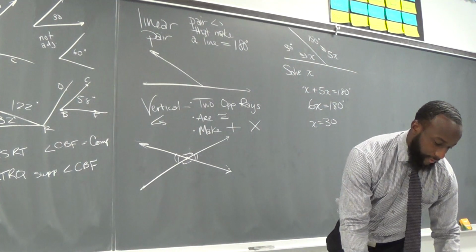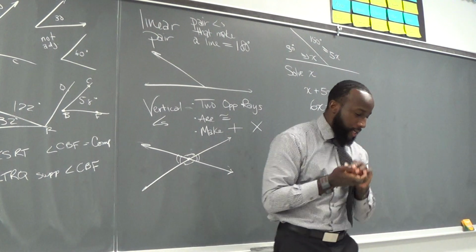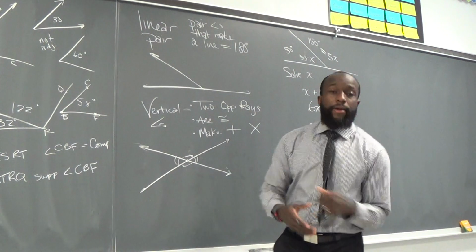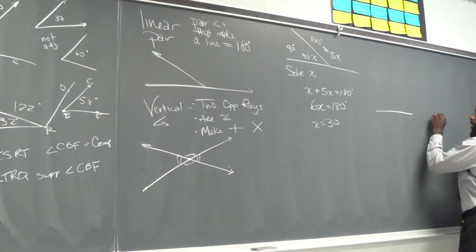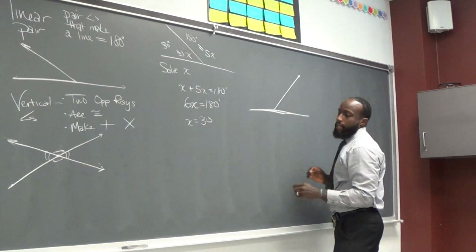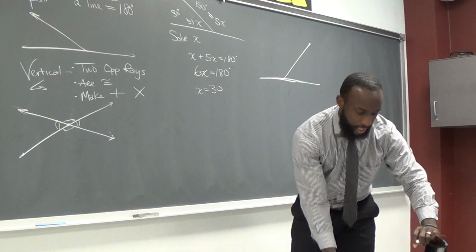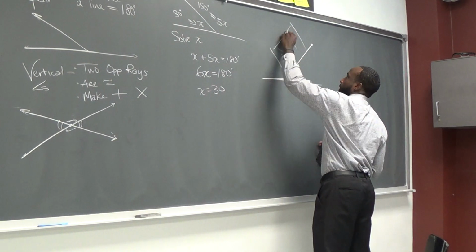Okay. Can we make it harder? Yeah, let's try to make it harder. Alright, we got this situation here. We got any soccer players in here? No soccer players. It's okay. So the picture looks like this. You got that little frame thing and you got the little net.